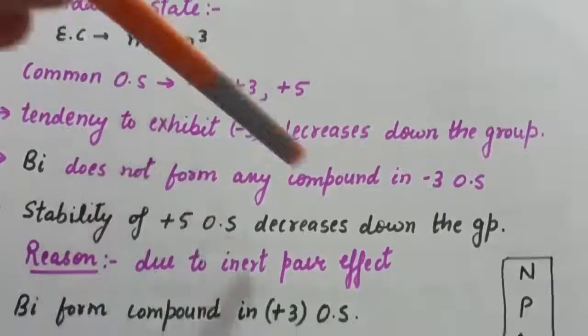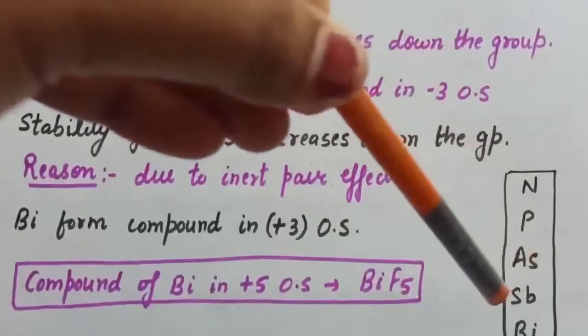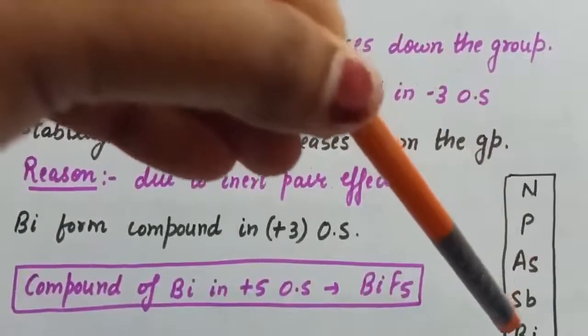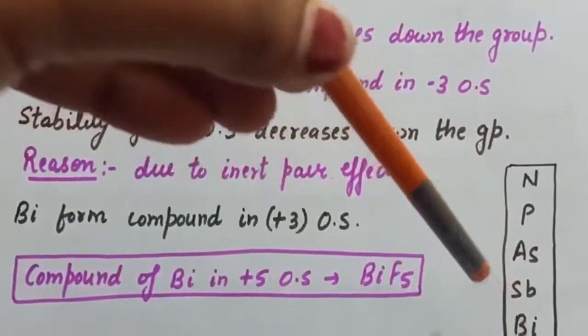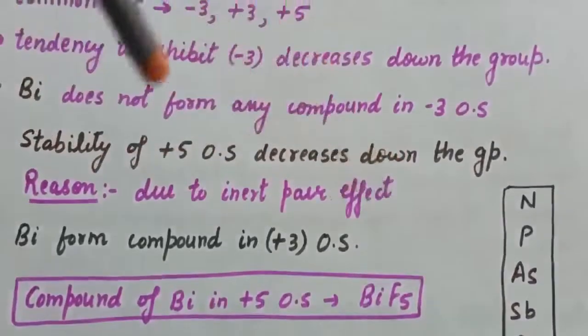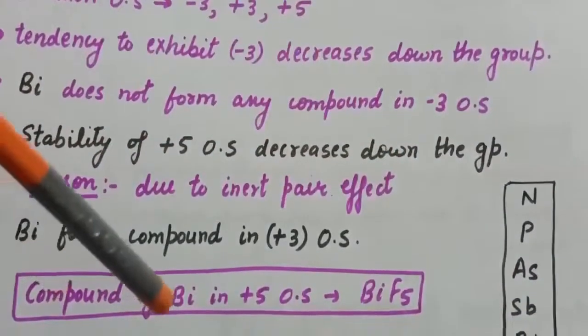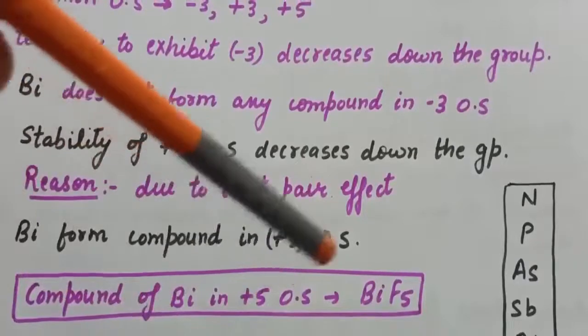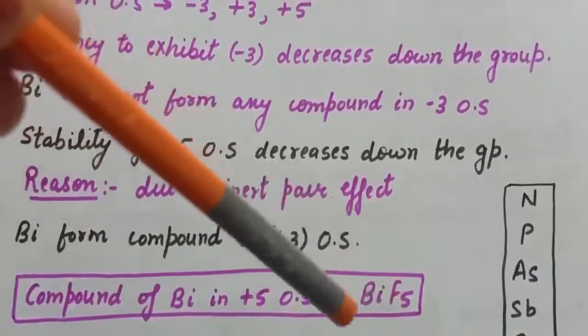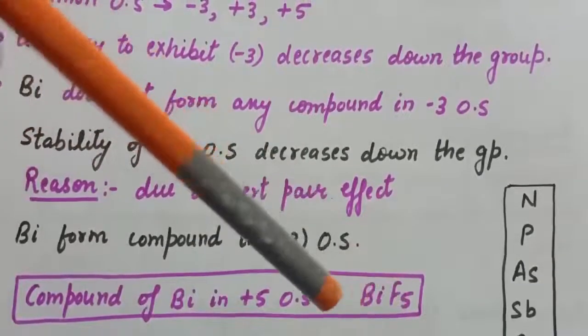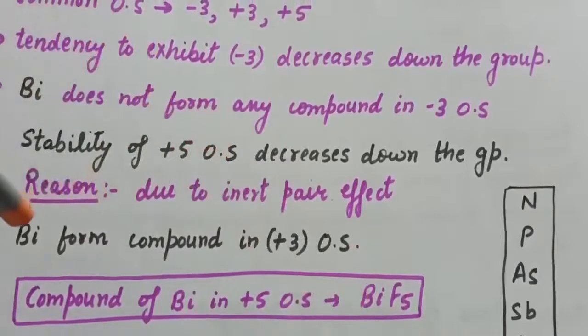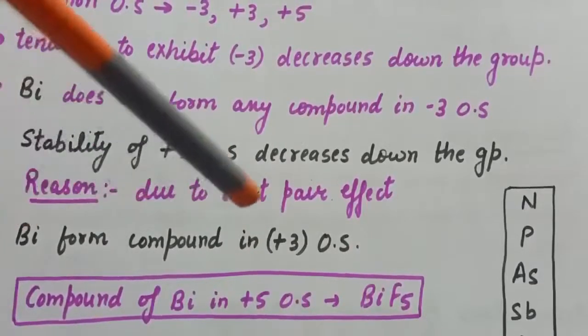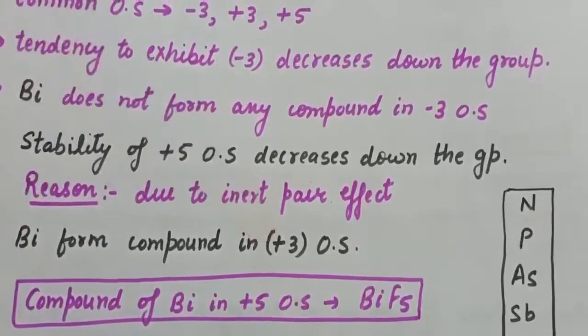Because of this, the lower elements, antimony and bismuth, form compounds in +3 oxidation state. The compound of bismuth in +5 oxidation state is BiF5, which is known and stable. Otherwise, all the compounds of bismuth are found in +3 oxidation state.